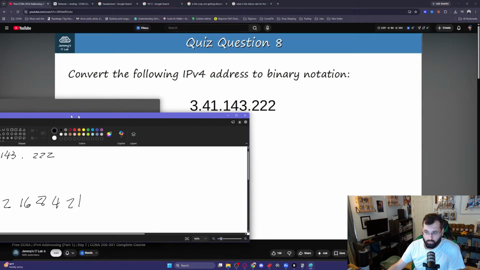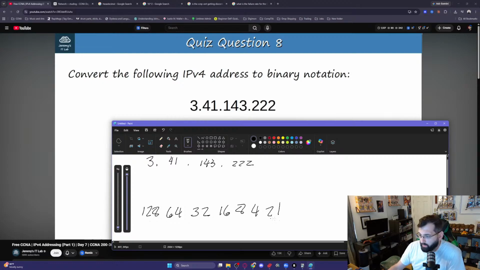Try to give myself a little bit more space here. Okay, so obviously this one is 0 0 0. Hold on. That's 32, 16, 8, 4, 2, 1. Okay. So then 41's got to be, these have to be 1s.